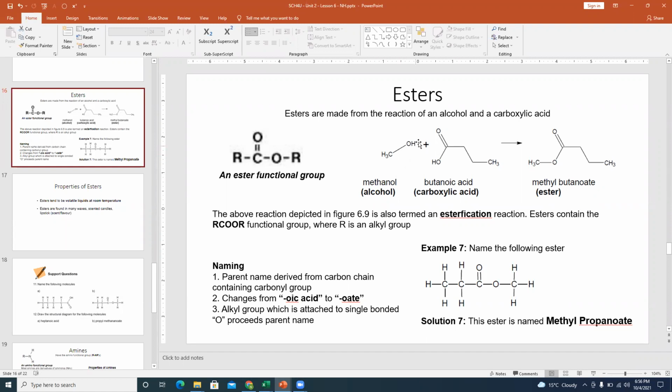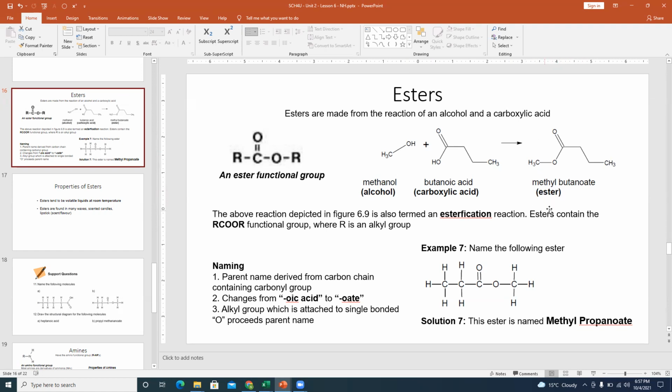So here we have an example of an alcohol. This one is methanol, and a carboxylic acid. This one is butanoic acid, so 1, 2, 3, 4 carbons, and then the carboxylic acid tail here. So butanoic acid and methanol, when they react, they form an ester.